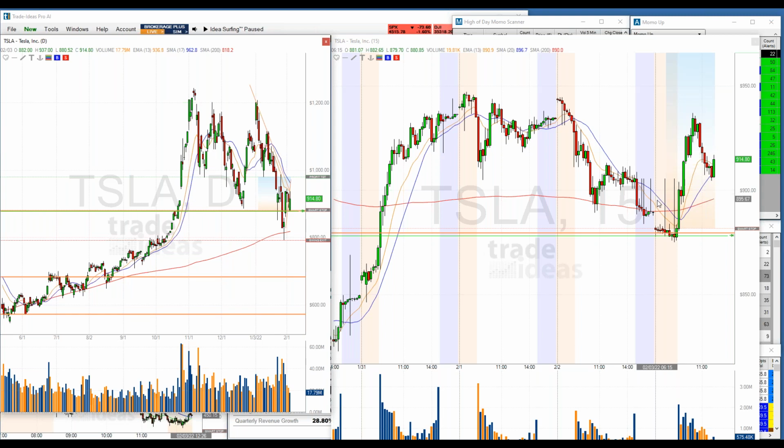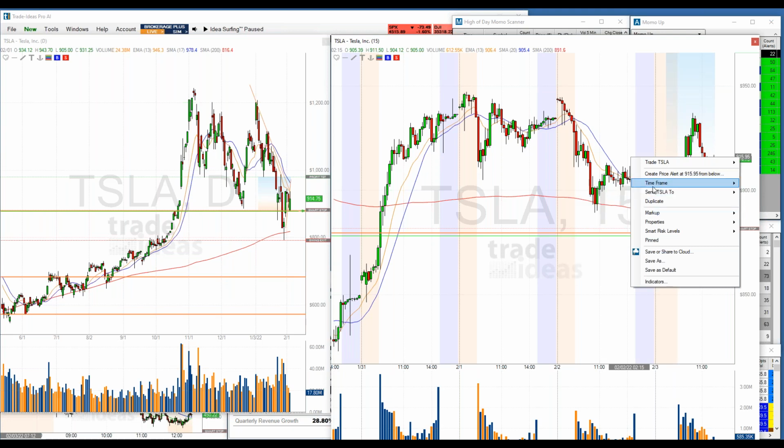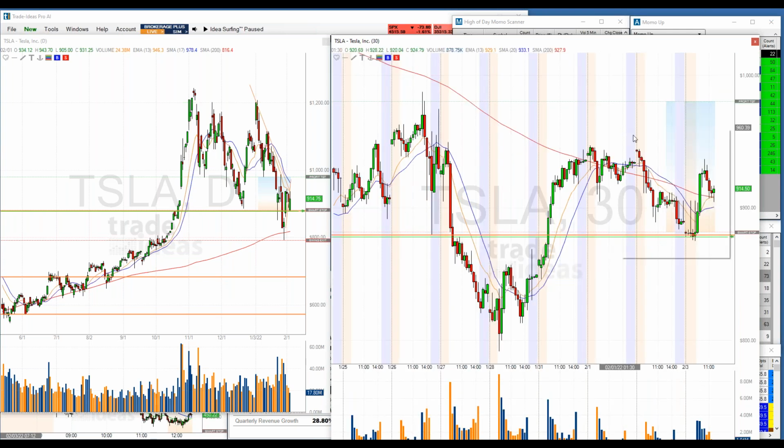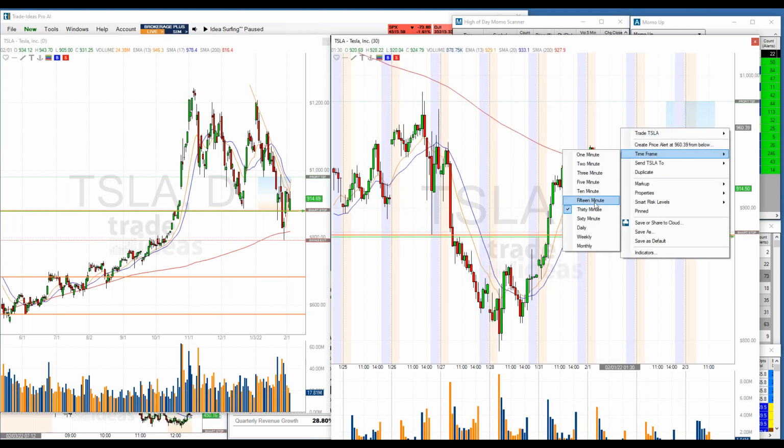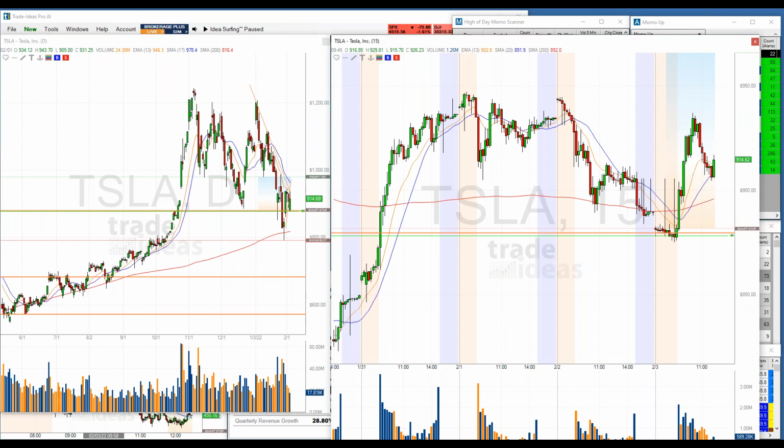So we have a sideways move here on Tesla, with a little bit of a downturn since yesterday's drop. And then this morning, let me put in the 15 minutes here. It's already on the 15 minutes.